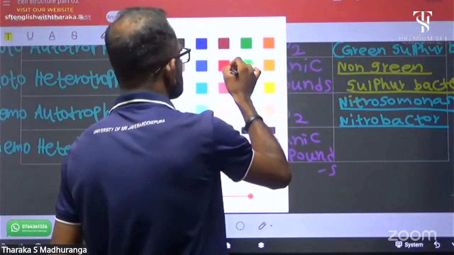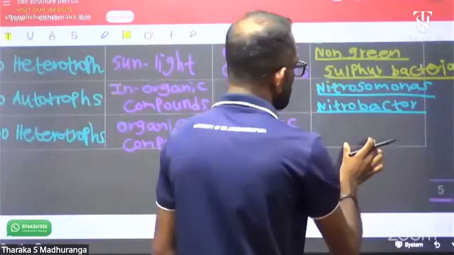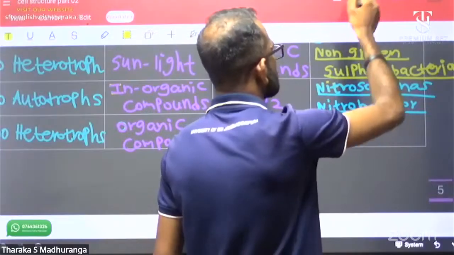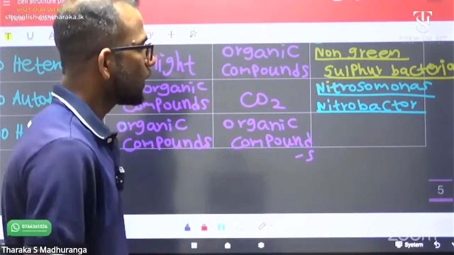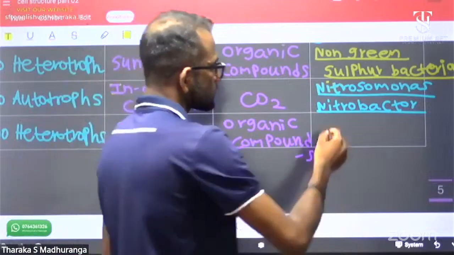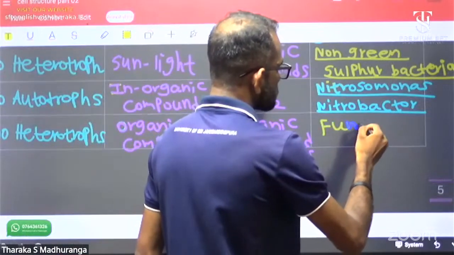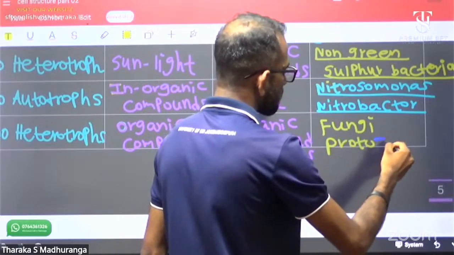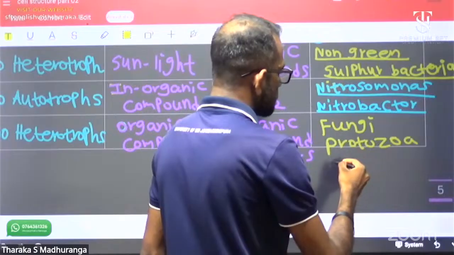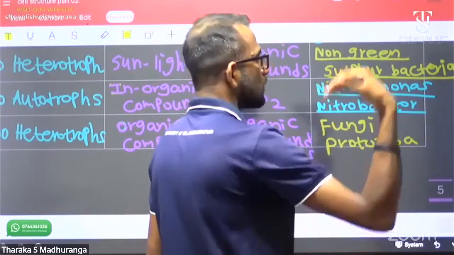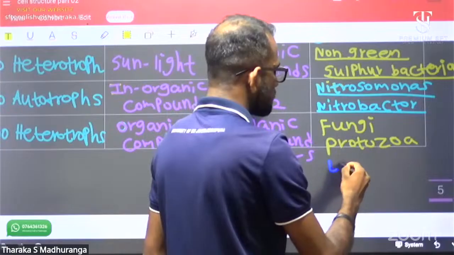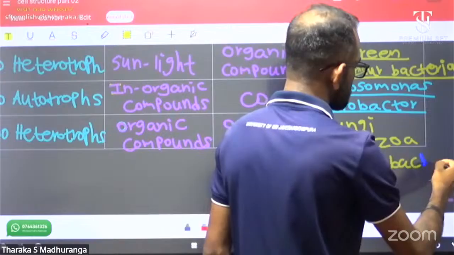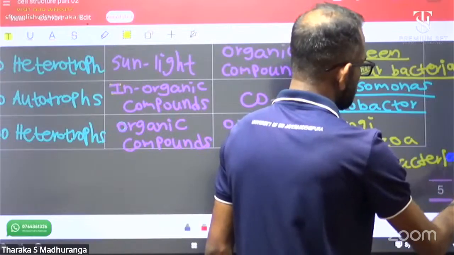One of the examples, animals, but we are discussing microorganisms. Fungi, protozoa, a lot of bacteria, that means bacteria that do not belong to the earlier groups.